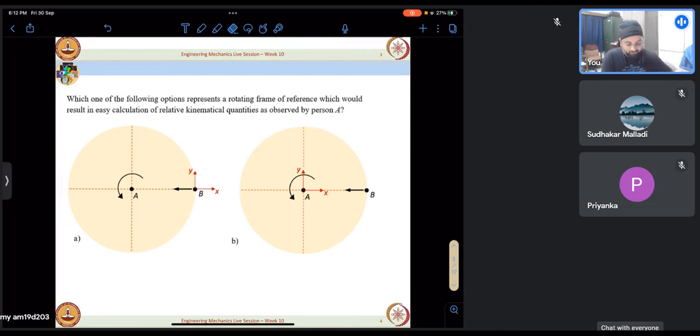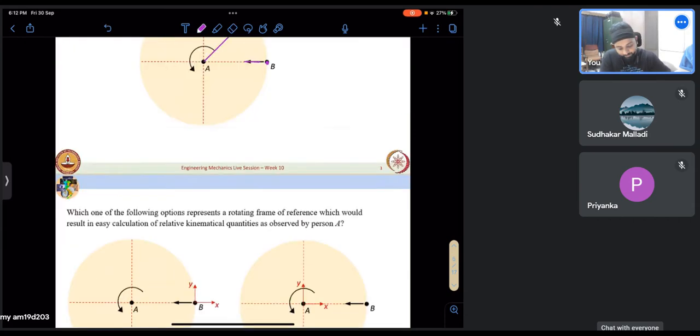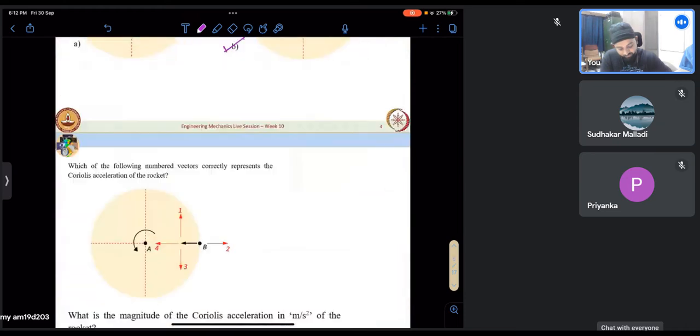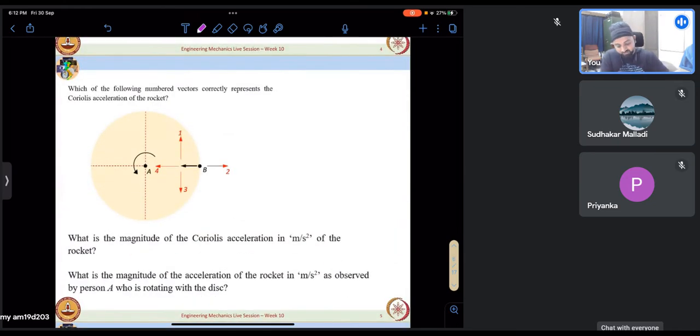Exactly, so both of you got it right. Essentially, we will be fixing the rotating frame of reference at A and then observe things while rotating along with the disk, so that we will be able to see what we are looking for. So let us move on to the next part.